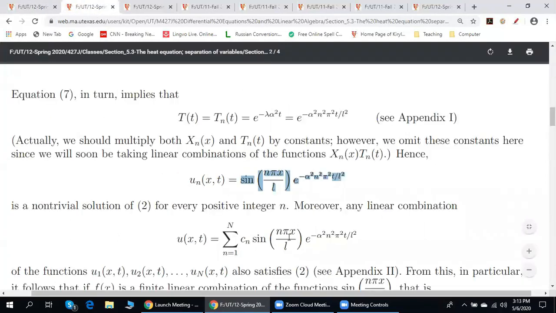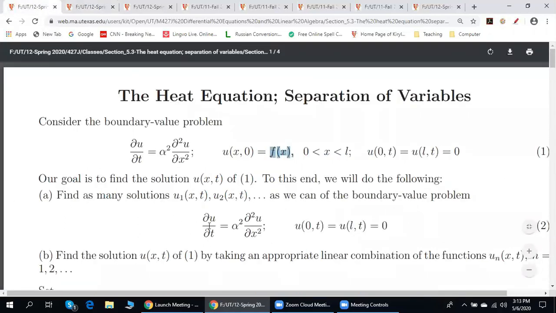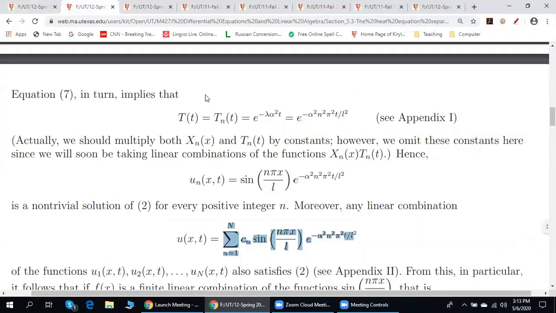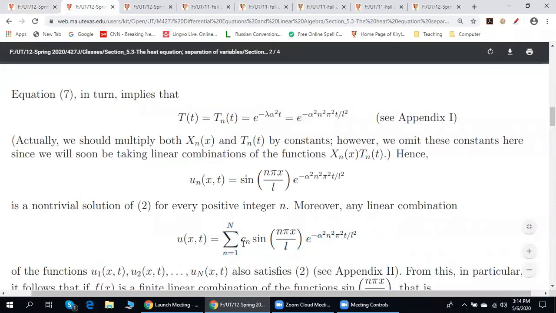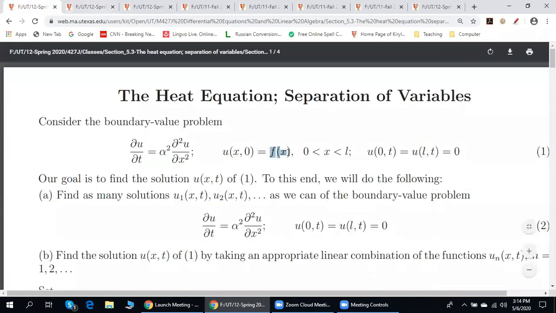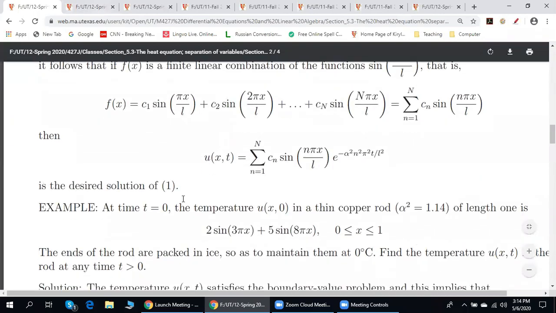However, since any linear combination of them is a solution of this problem, now we have some hope that if, say, f of x is of a special form, then it will be possible to find C1, C2, and so on, Cn, such that this, when t is 0, is equal to our given function f of x. By the way, it's exactly what happens in this example.